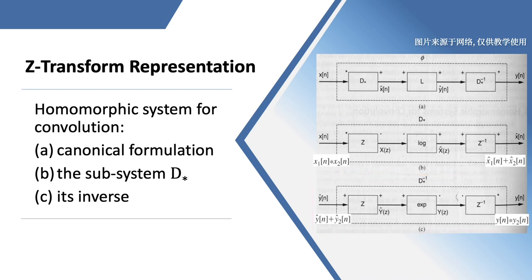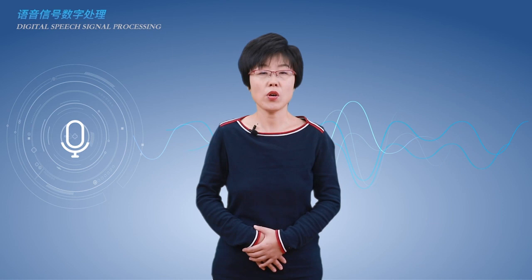The characteristic system deconvolution contains three parts to convert convolution into additive with Z transform and logarithmic function. The inverse system converts additive back to convolution with Z transform and exponential function. That's all for this session. See you next session.